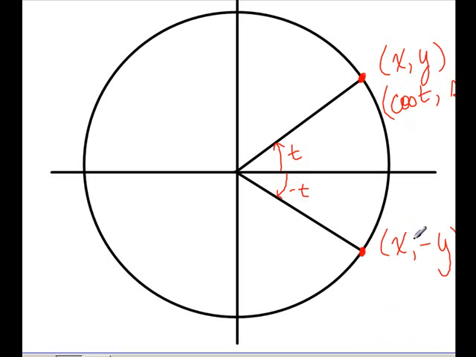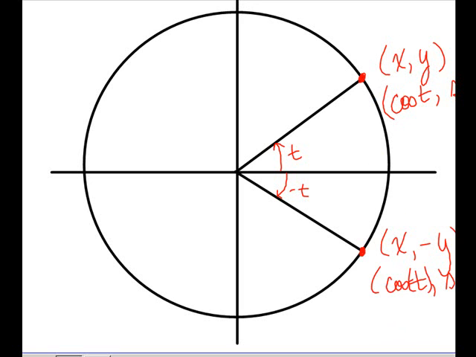The x coordinate is the same. It's going to match the x coordinate for the point in the first quadrant. And this ordered pair is the cosine of negative t and the sine of negative t.